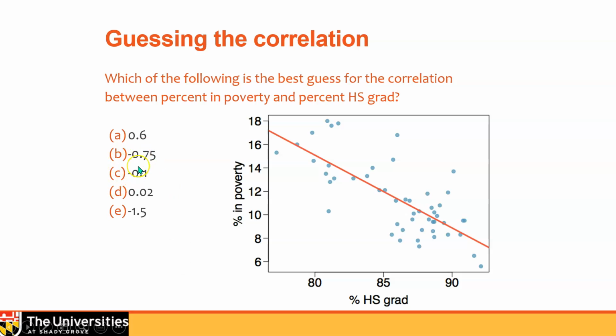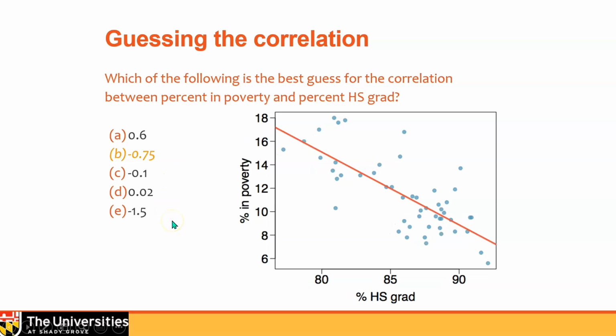If we look at the values here, we see that we have a value that's less than -1, so we can cross out E. So we're really looking at B and C. And if we look at the strength here, a -0.1 means we almost have no correlation at all. There would probably be no detectable linear relationship. We clearly have a detectable linear relationship, so by process of elimination, we're going to go with letter B, and it is indeed letter B.